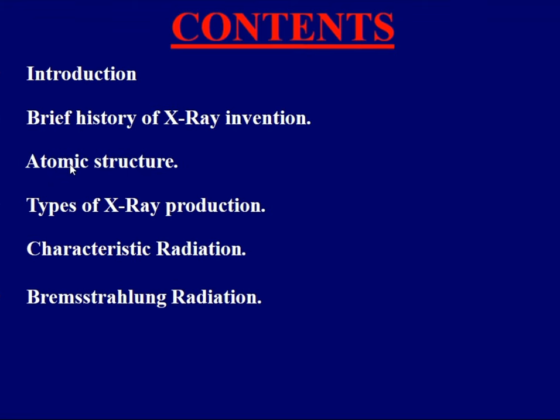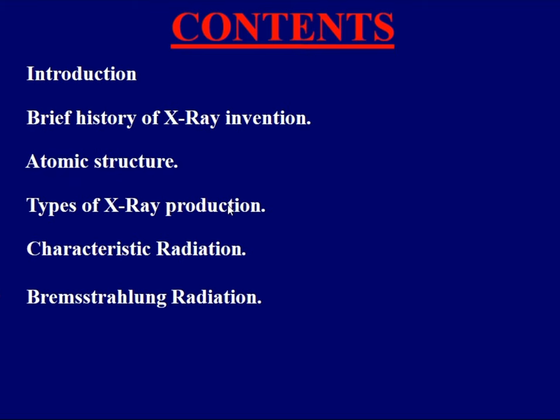And thirdly, we are going to discuss the atomic structure. Why are we going to discuss atomic structure? It is because X-rays mainly interact with the atomic structure of the particular target material, so we should know the basic idea behind the atomic structure. Next, we are going to discuss types of X-ray production, the different ways in which X-rays are produced.